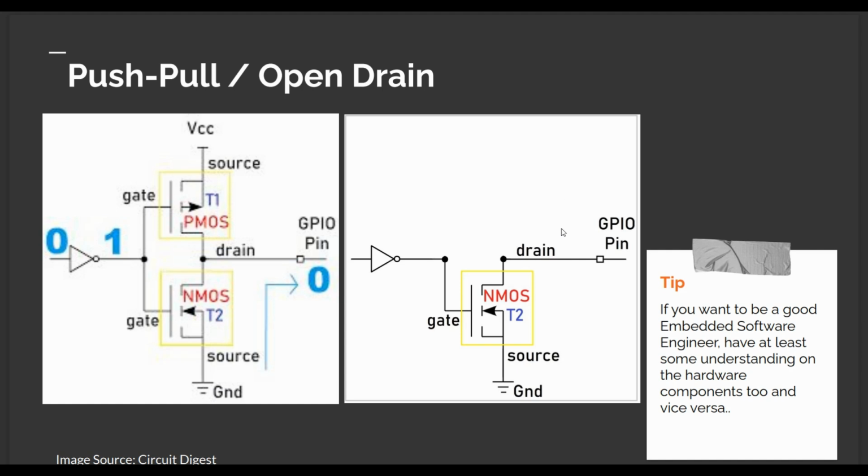This is also called tri-state, so it can go to any state based on some leakage current or other factors. We want to make it either high or low. So in open drain, if you look closely, when we are writing 1 logic, our output pin is in floating state. We don't know the state of the output pin.